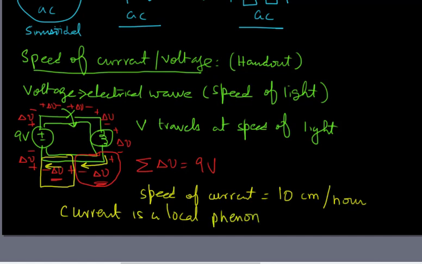Some people have the misconception that the electrons are going to come from this 9 volt battery over here, and then they would push the other electrons, and then those would push the other electrons, and this pushing is going to make the current go into the circuit. That's wrong.